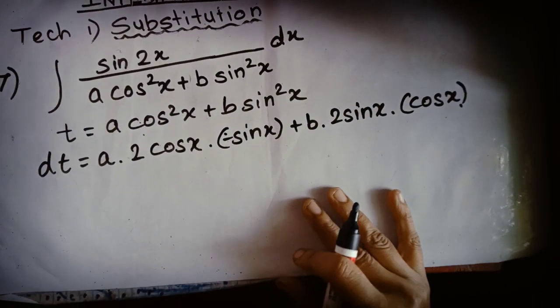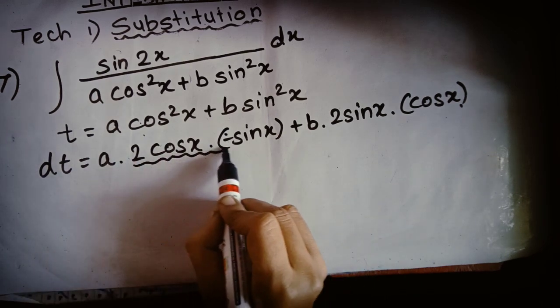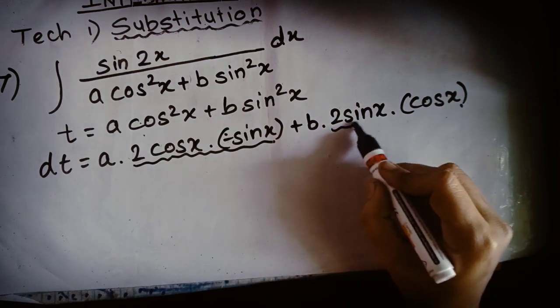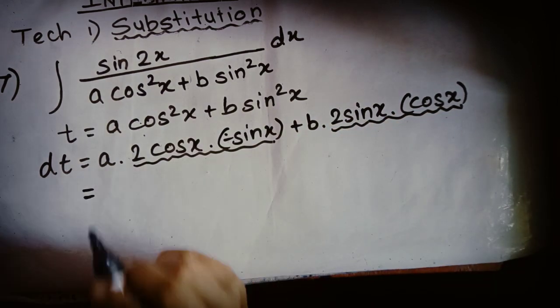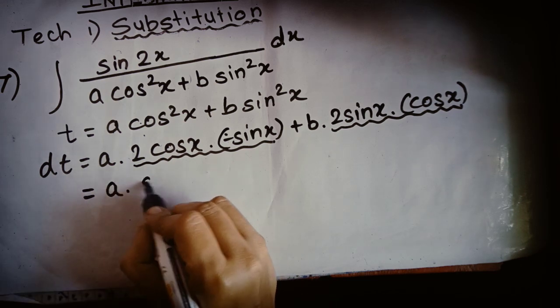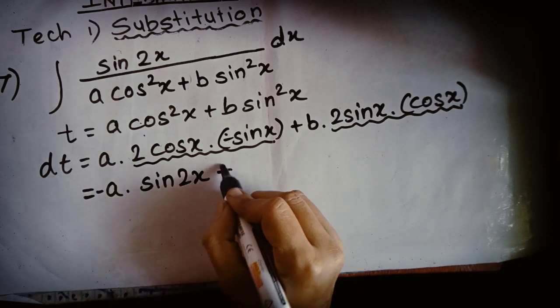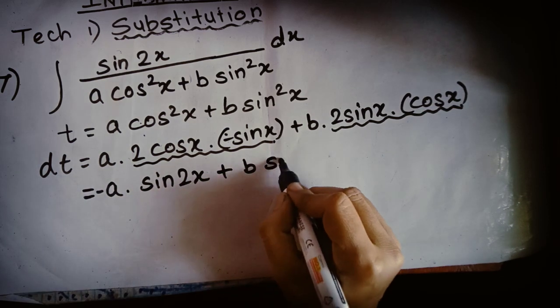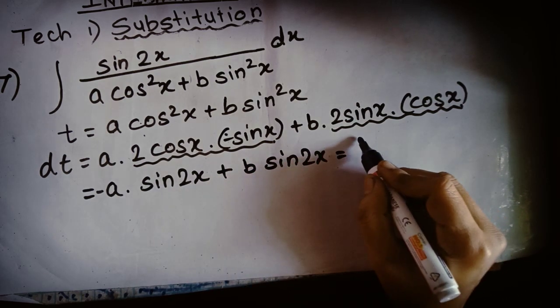Now if we look here, this will be 2 times sine x into cos x, and here also it is 2 times sine x into cos x, which is our trigonometric identity sine 2x, but here it will be minus a. So you can take sine 2x common, right?